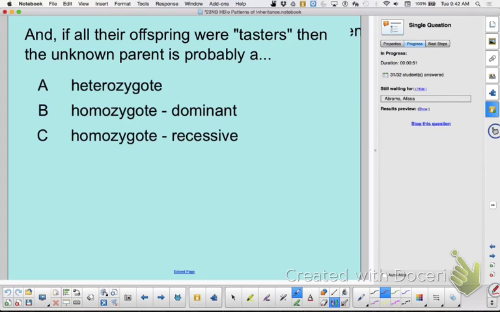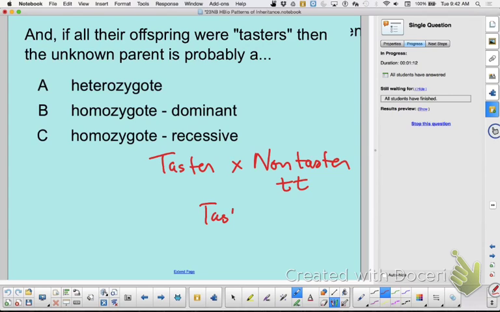All right, before I hit stop, if we cross a taster with a non-taster, give me the genotype of a non-taster. And all their offspring were tasters. What are tasters? Big T, big T or big T, little t, right?